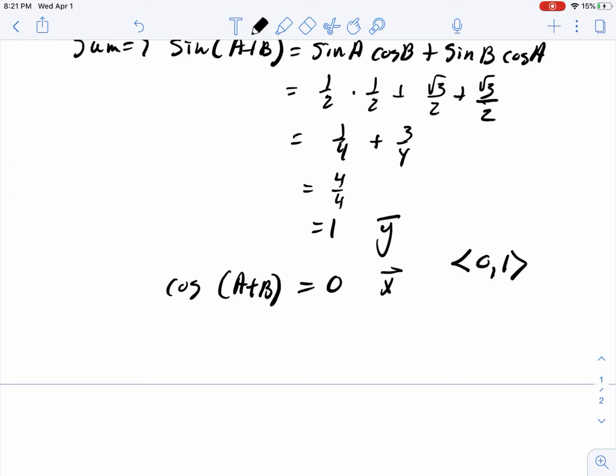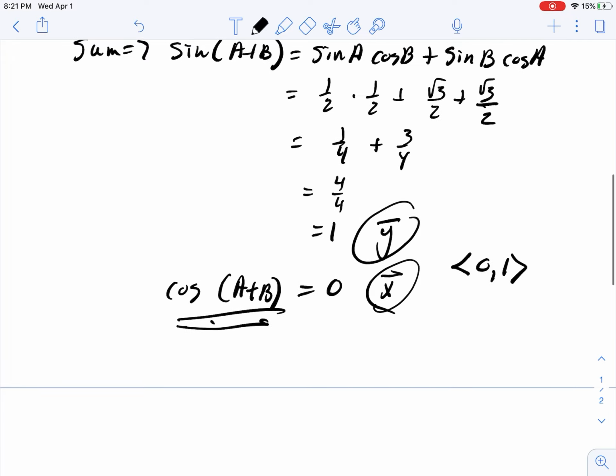So I would have 0 comma 1. Here I have to do the cosine first just to get my x component, and do my y component up here, where if I multiply the two conjugates together, I get both x and y simultaneously.